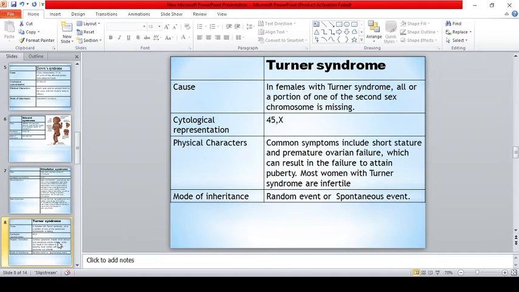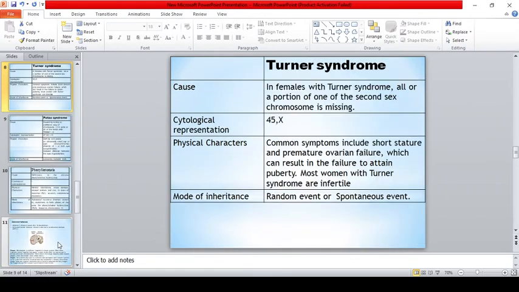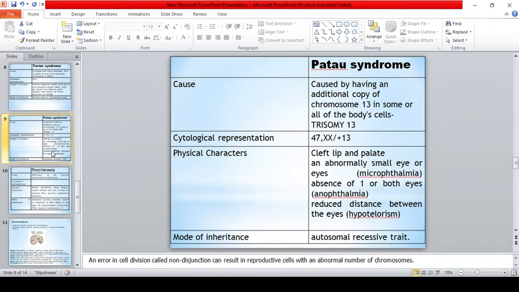The common symptoms include short stature and premature ovarian failure, which can result in failure to attain puberty, and most women with Turner syndrome are infertile. The mode of inheritance is that it is not inherited; it is a random or spontaneous event which occurs during gametogenesis.